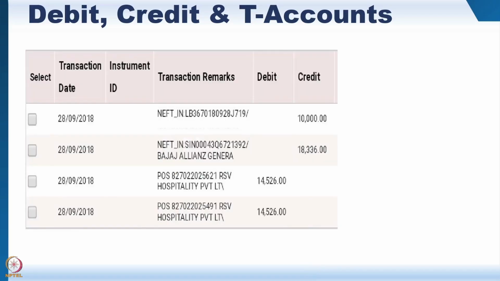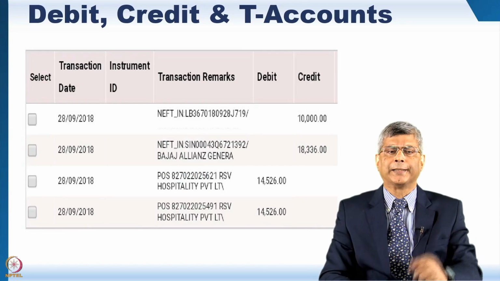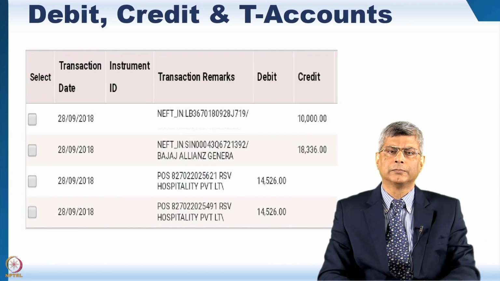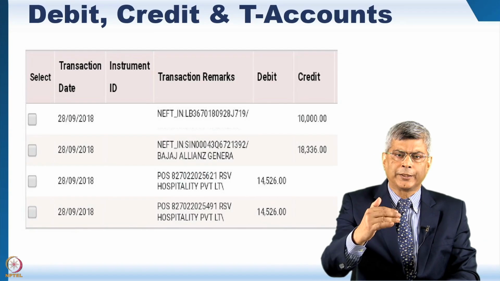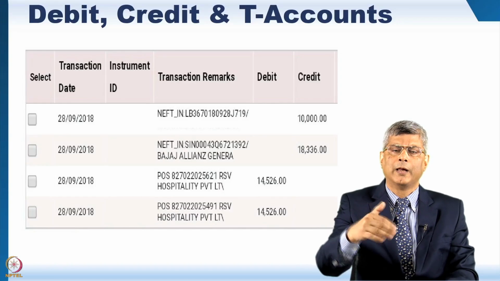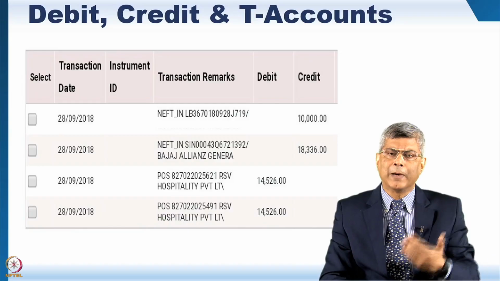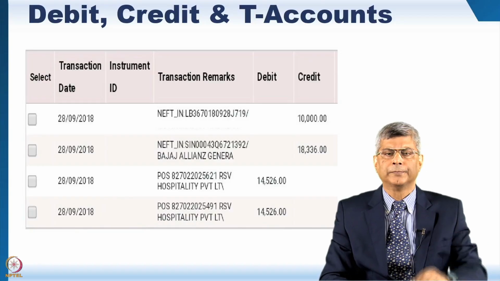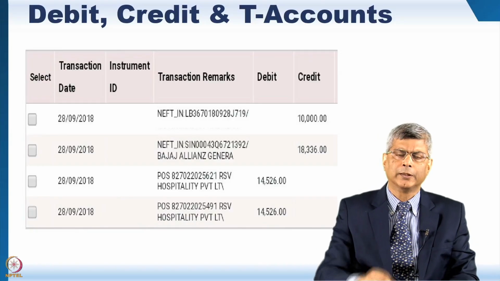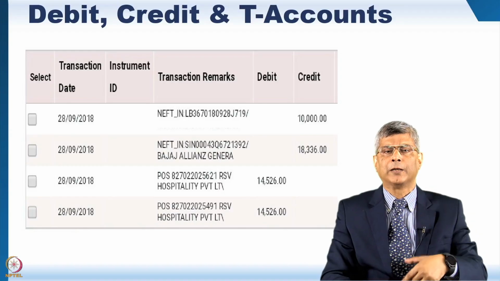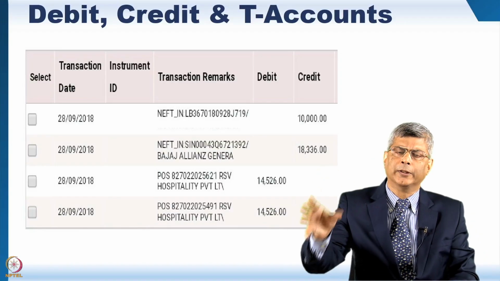If you look at a typical bank account, you'll get a bank account statement like this. There'll be a date, a transaction list, and a debit or a credit amount. If you get money in, it could be a salary, a dividend, or interest. If money comes to your account, it's a credit entry.